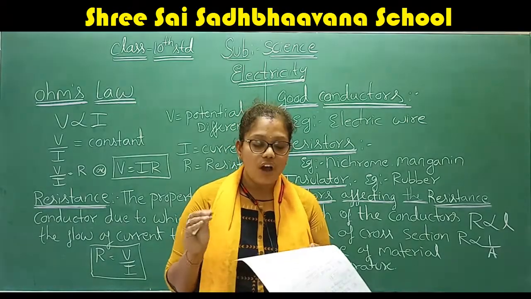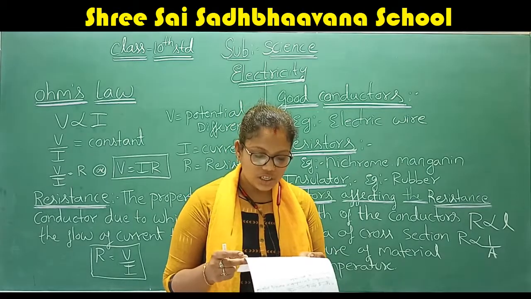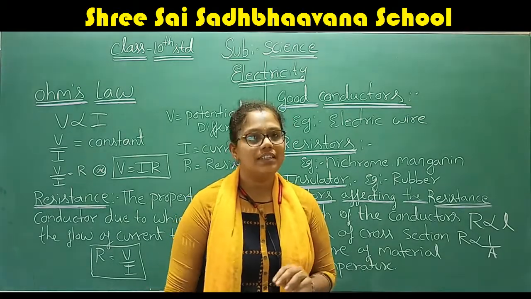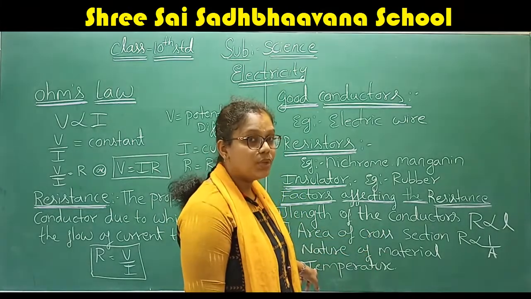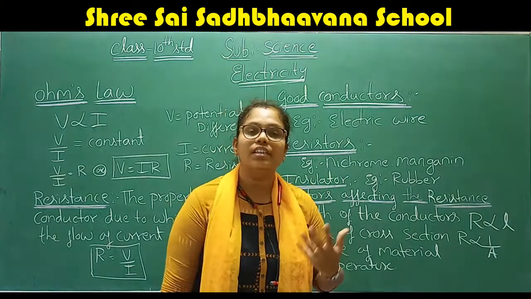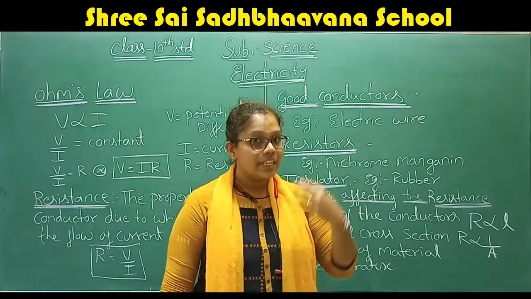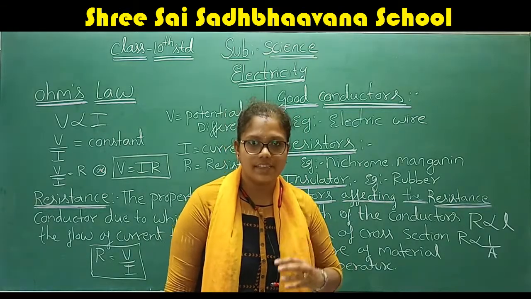The resistance of all pure metals increases on raising the temperature and decreases on lowering the temperature. So for a pure metal, if the temperature increases, resistance also increases. If temperature decreases, resistance also decreases.